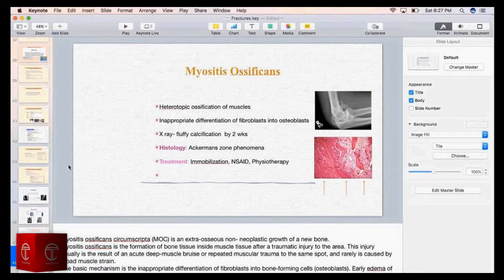And pseudocrepitus means when there is an arthritis, advanced osteoarthritis, even if there is no fracture, while you are examining or moving the limb, you can appreciate the gritty crepitus of the arthritic joint, and you may mistake that for the crepitus of the fracture.